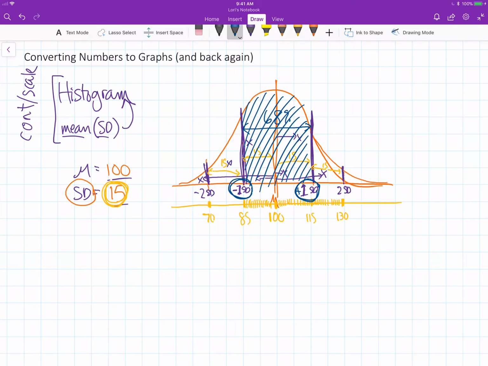And I'm going to use approximately, give or take, 2 standard deviations, plus or minus, above or below. This area right here is 95%. So going all the way from here, all the way up to here, that area is 95%.